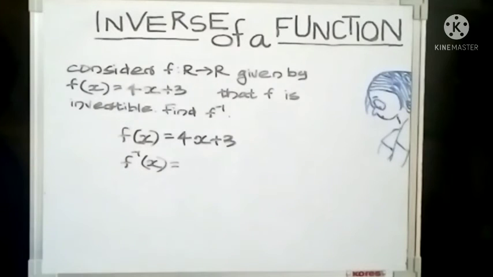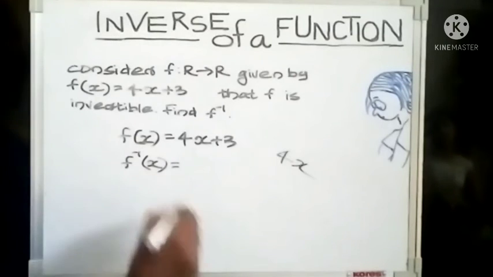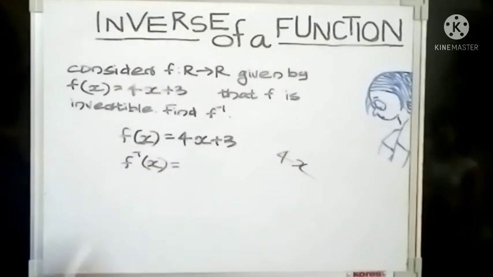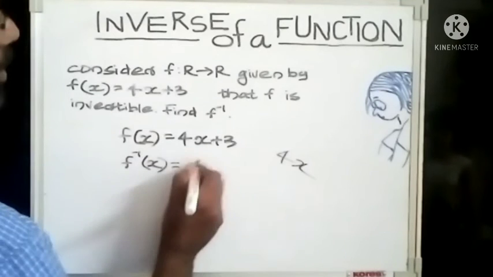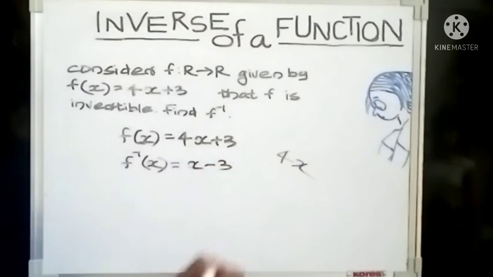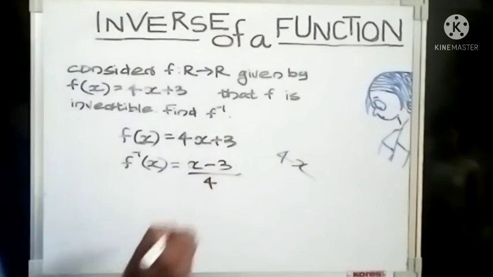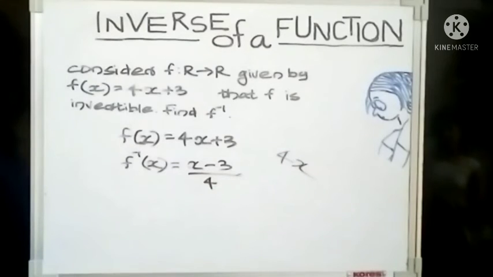And again to get x, we have to divide it by 4. Thus, under f inverse, we first subtract 3 and then divide by 4. Then f inverse of x equal to x minus 3 divided by 4.